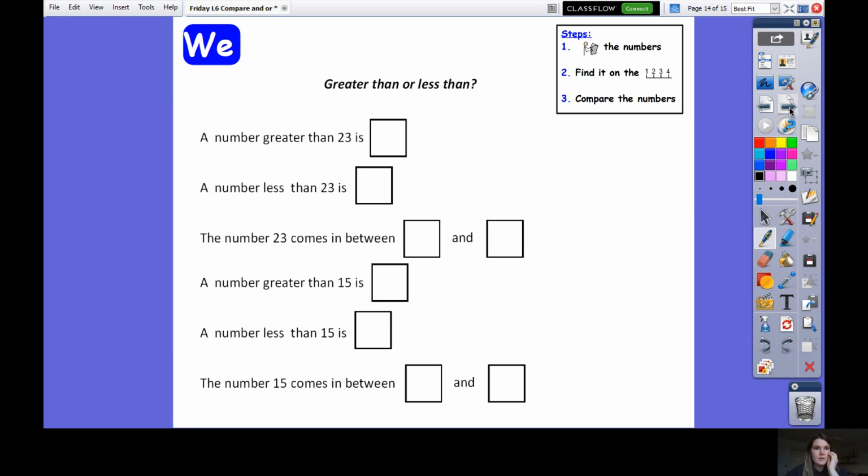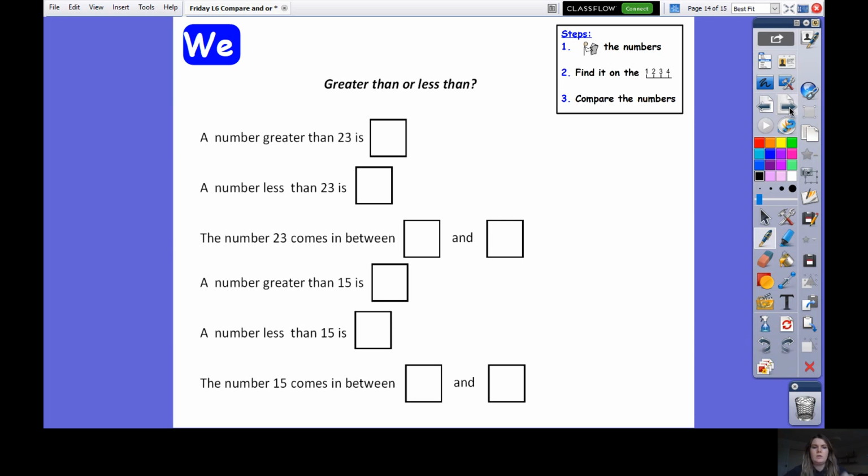Okay, let's have a go at this. I want to know what's greater and less than these numbers. You can use your number line to help you, or we can do this in our head. I'm going to show you doing it in your head. What number is greater than 23?